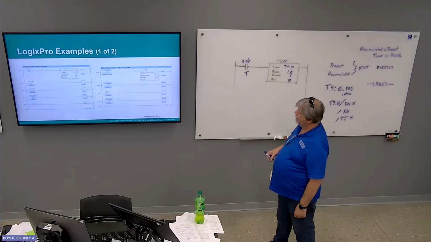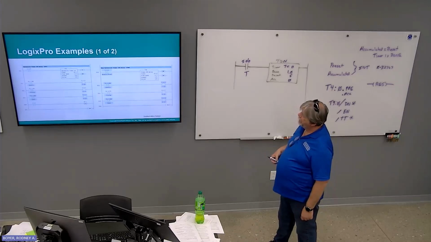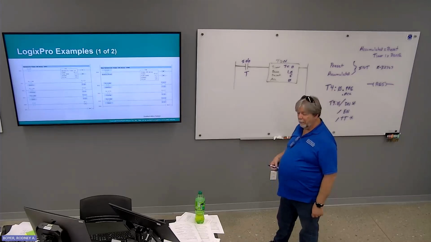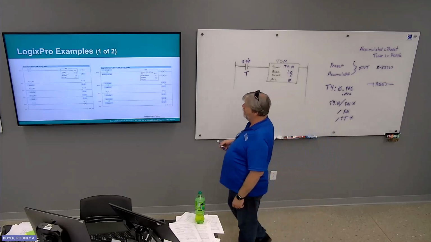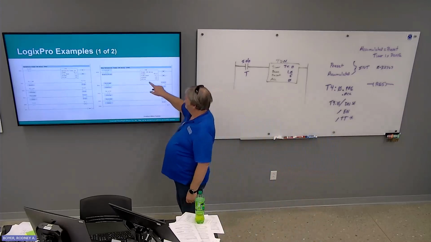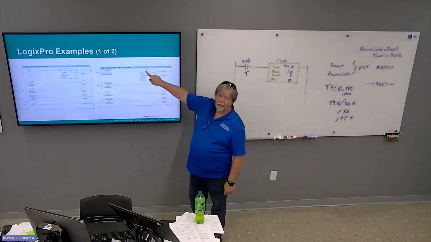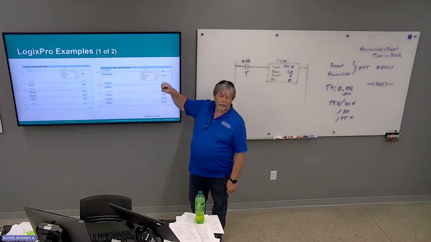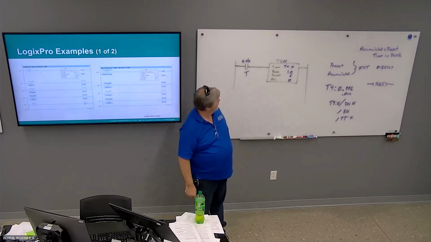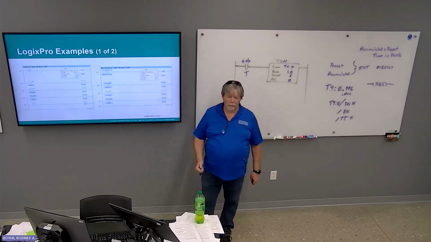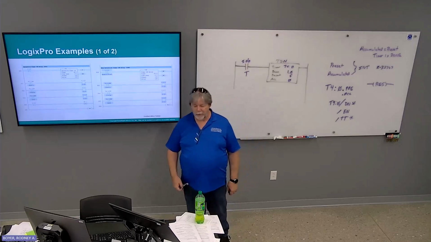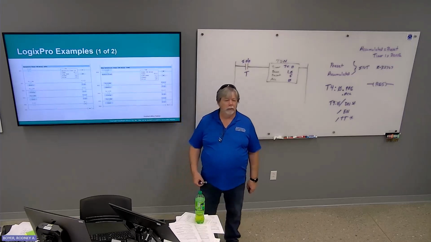Logic Pro examples, we're not going to worry about those. No, we are going to worry about that, because there is your retentive timer. Normal on delay is TON. Normal off delay is TOF. And then the retentive is RTO, retentive timer on.